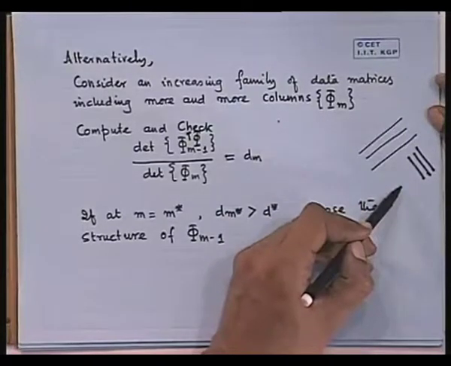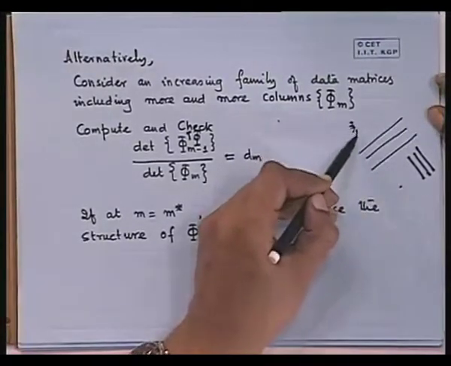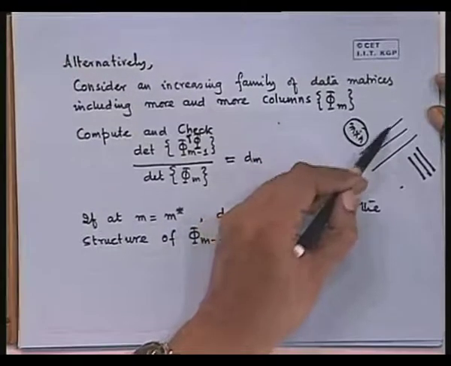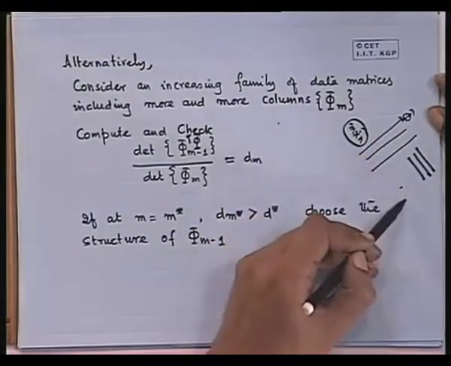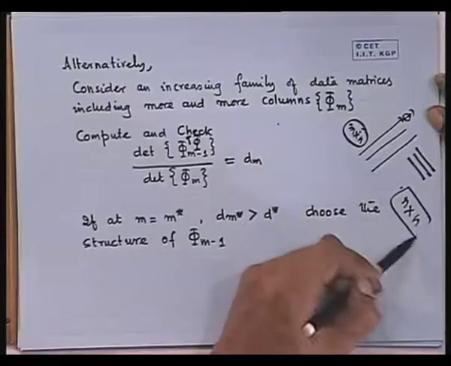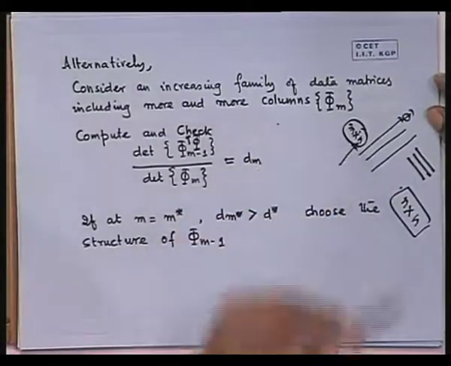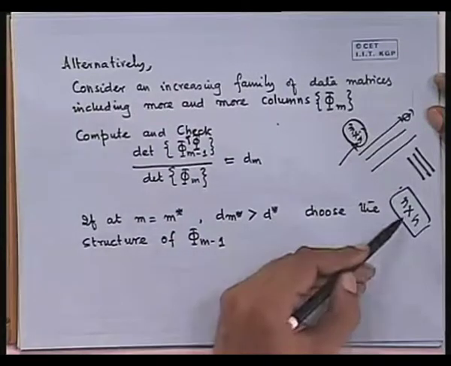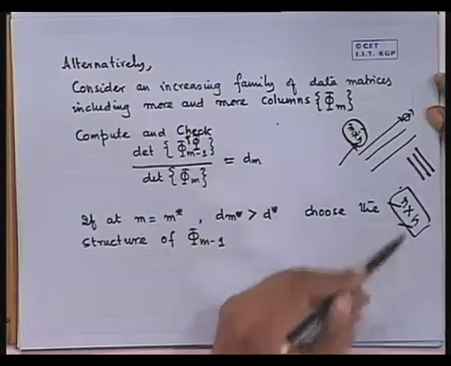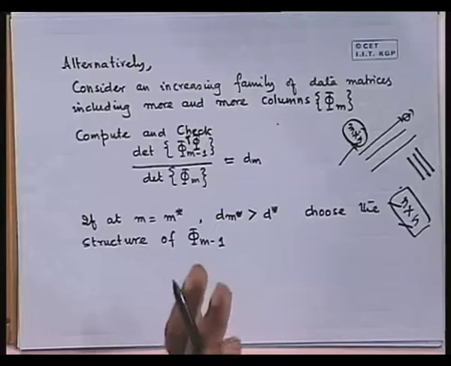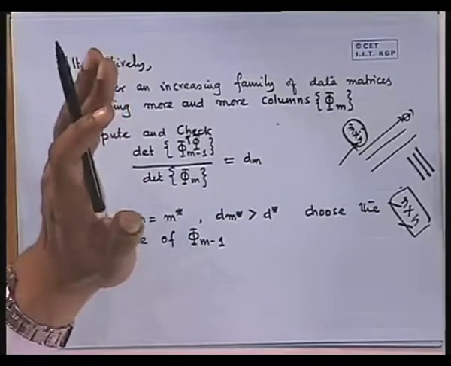If phi is m into n, then phi transpose phi will be n into n. Now because the rank of phi is less than n, phi transpose phi will not have n into n full rank. So therefore phi transpose phi will tend to become singular. It will come very close to singularity.